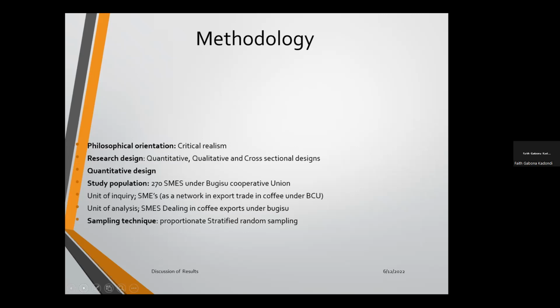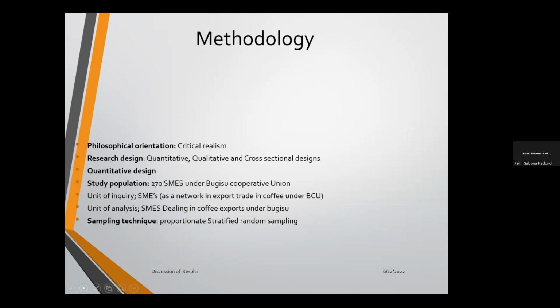This is best suited for my research because it caters for both the scientific forms of positivism and interpretivist explanations. The use of critical realism in this research will give room to both deductive and inductive forms of research.